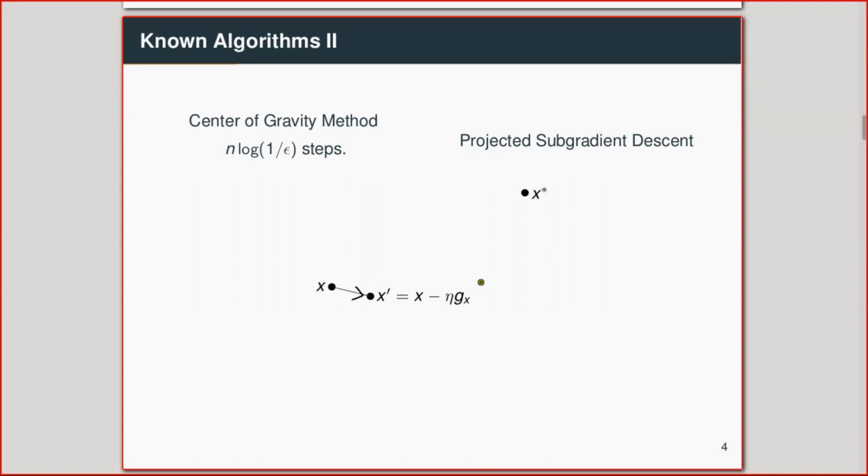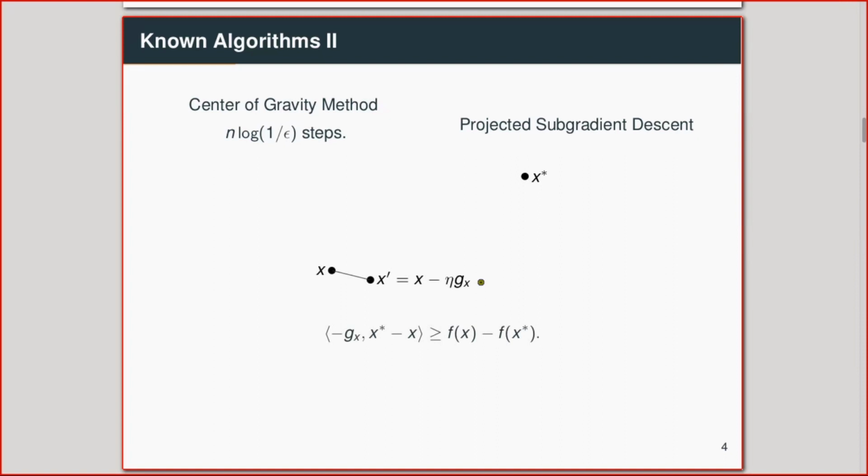And what we're guaranteed by the very definition of a subgradient is this: say we start at x and we move along the plane defined by the gradient, we move towards x star. Well, then what we know by the guarantee of a subgradient is that along the plane, the height of the plane must have decreased more than the function decreased.